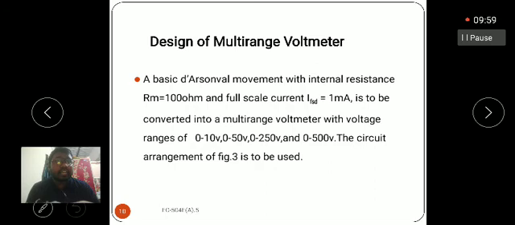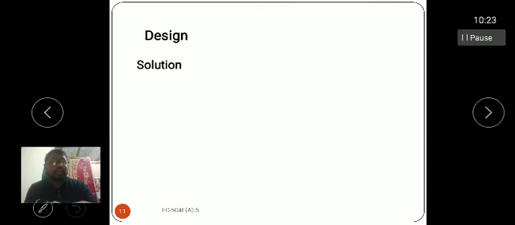The basic D'Arsonval movement with internal resistance Rm equal to 100 ohms and full scale deflection current IFSD equal to 1 milliamp is to be connected to a multi-range voltmeter with voltage ranges of 0 to 10 volts, 0 to 50, 0 to 250 and 0 to 500 volts. The circuit arrangement is shown in the figure.